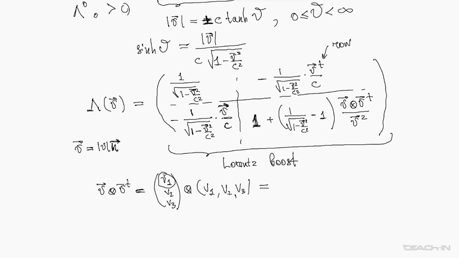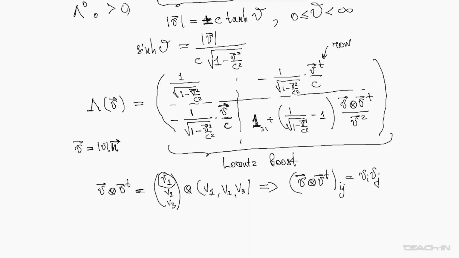So to write this in terms of matrix elements, V V transpose is a 3 by 3 matrix whose component ij is simply given by Vi Vj. This is a way to understand this 3 by 3 matrix. And the identity, as I said, is the 3 by 3 unit matrix standing there.